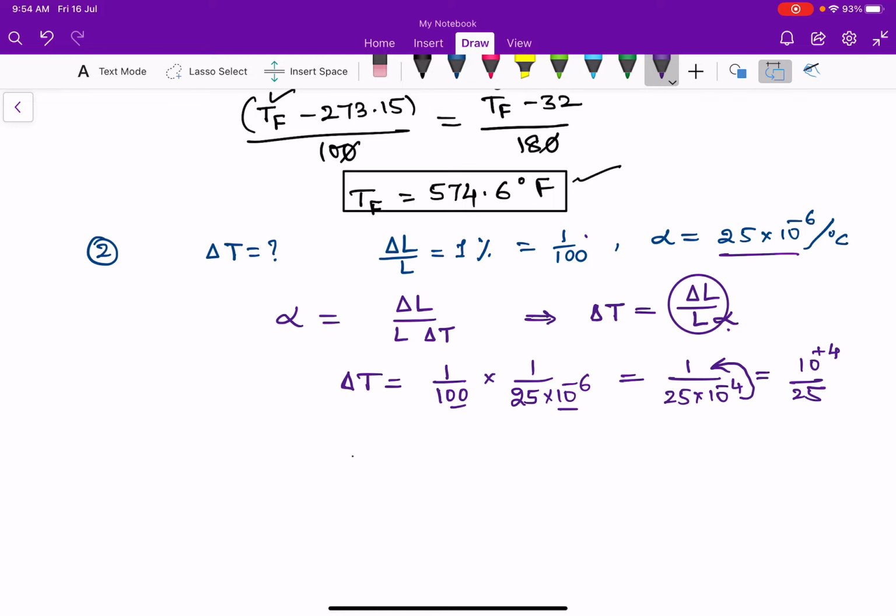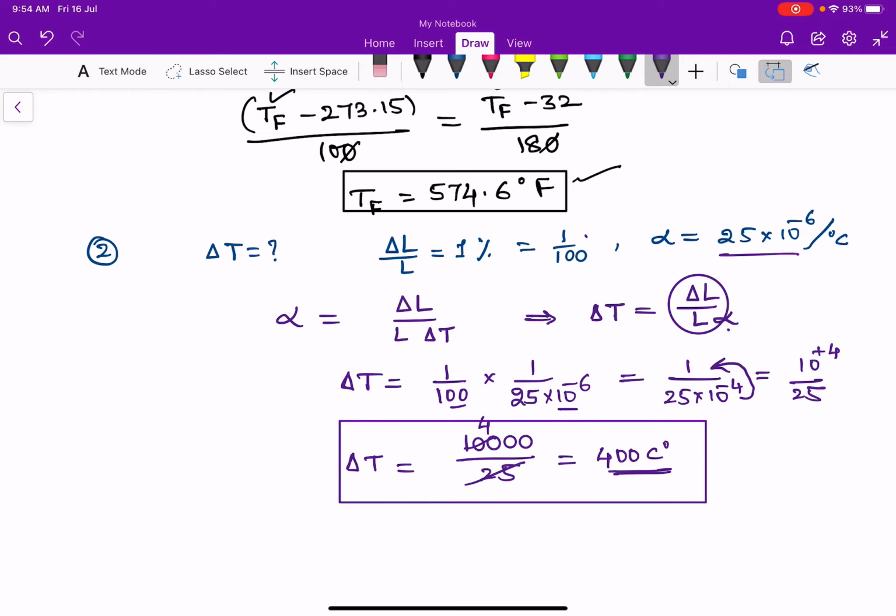So delta T is equal to 10 to the power of 4, which is nothing but 10,000, divided by 25. 25 fours are 100, and the zeros are there. So delta T is equal to 400 Celsius degrees. 400 Celsius degrees is the answer for this question.